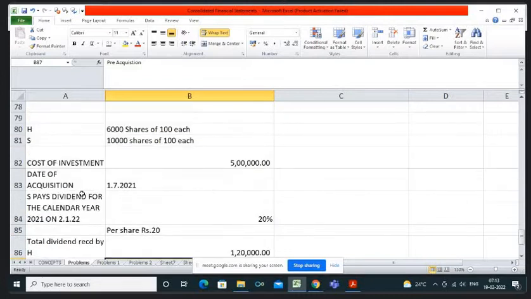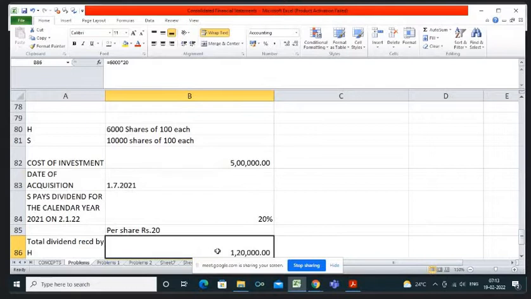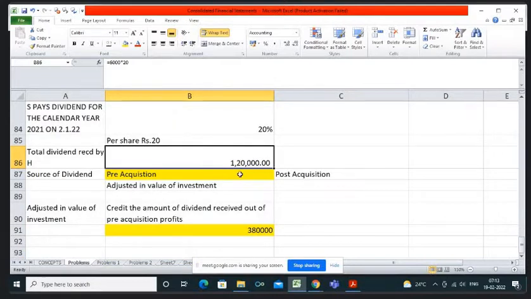So the period is from January 1, 2021 to 31st December 2021. But we have acquired the shares in the middle of the year, exactly after 6 months. So how can we know whether this 1,20,000 dividend is from the pre-acquisition profit or post-acquisition profit?